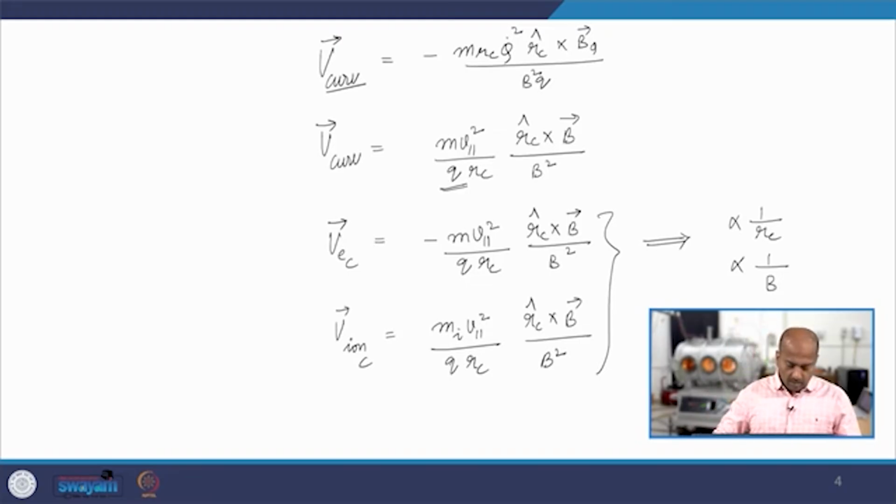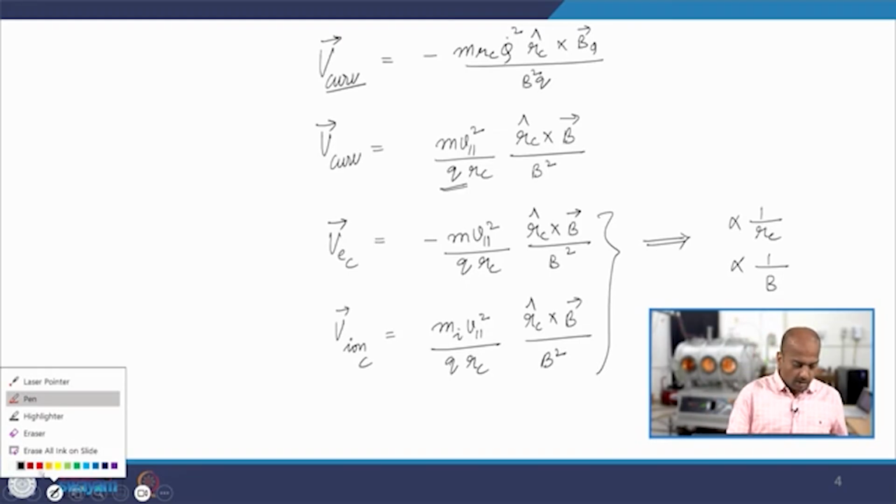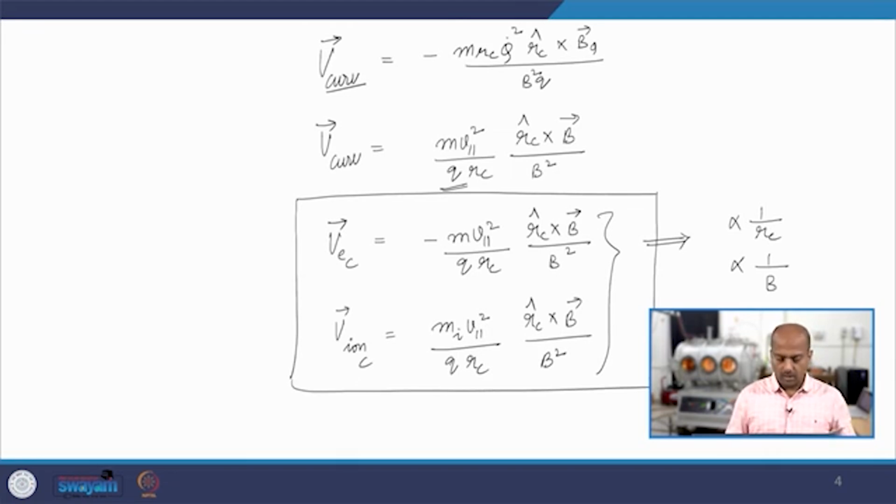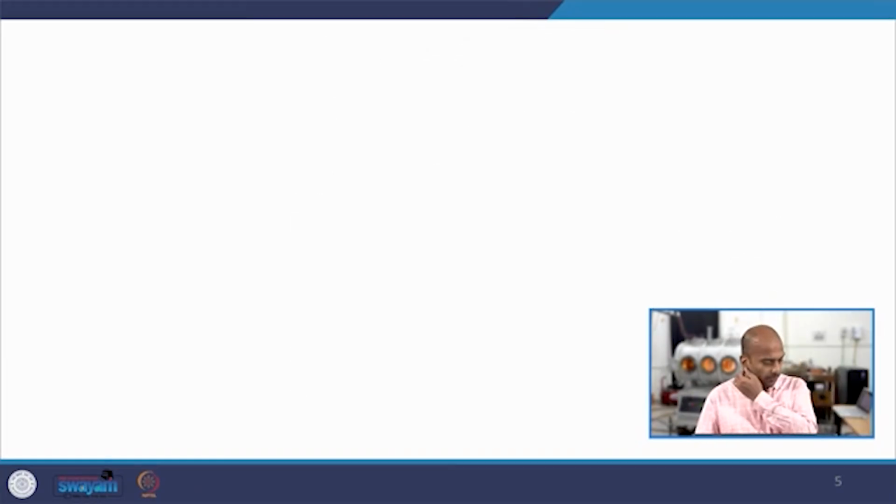So, this is something about the curvature drift. Okay. Now, what we have learned so far is that if there is a gradient in the magnetic field, we have to think of the gradient drift velocity, and if there is a curvature, there is a curvature drift velocity. But most importantly, any magnetic field you think of is always accompanied by gradient and curvature at the same time.